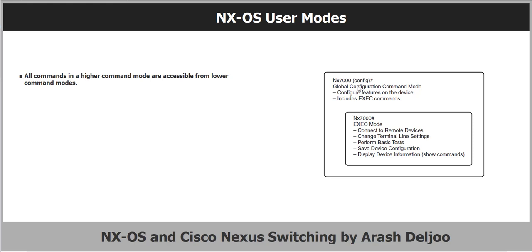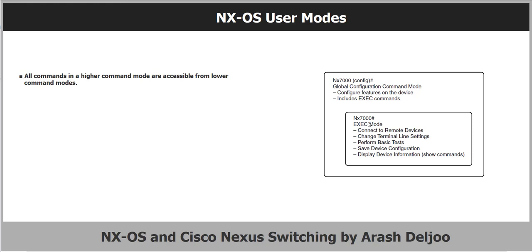Here you can see the global configuration mode. Global configuration command mode configures features on the device and includes exec commands. Means from the global configuration command mode, we have access to all commands in the exec mode or privilege exec mode.